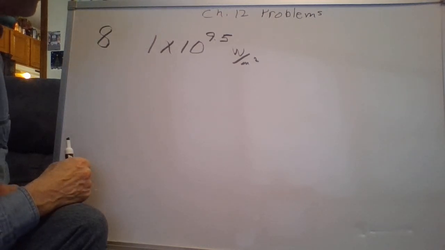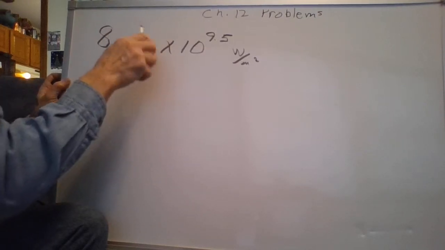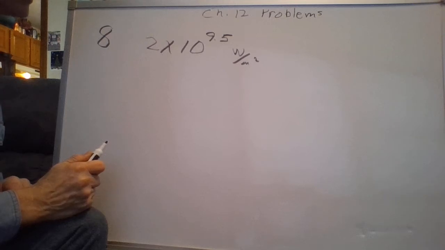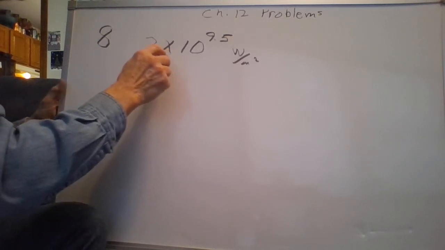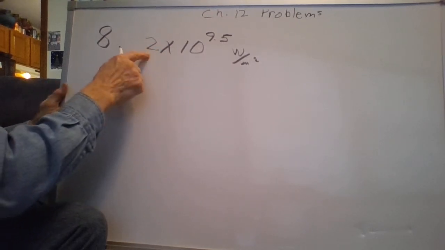Well, if you had 2 of those playing, it would be 2 times 10 to the 9.5 power. How many decibels is that? Compared to 10 to the minus 12, well, what is the log of 2?